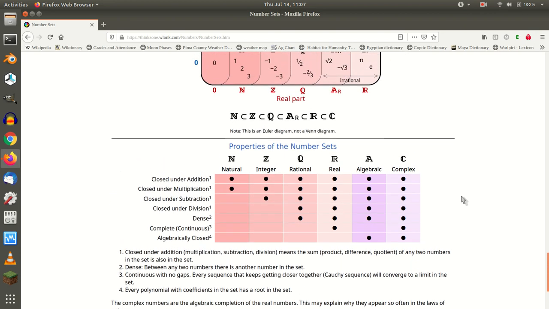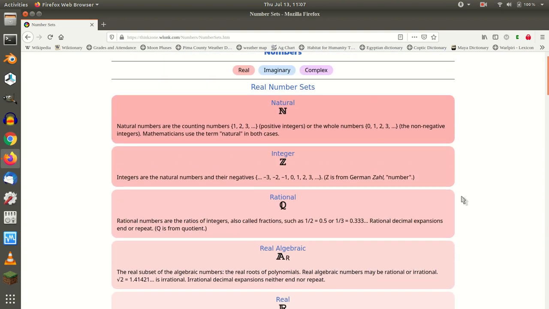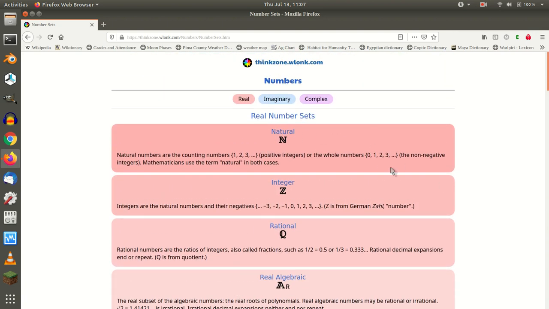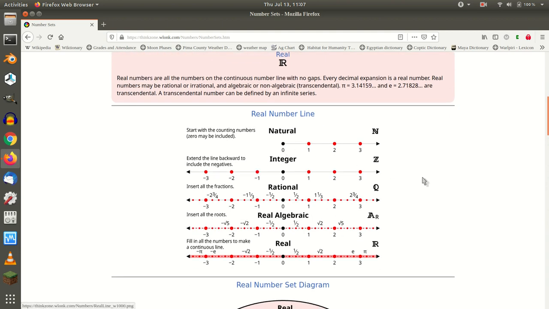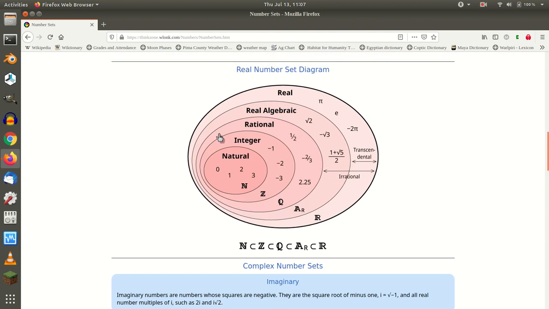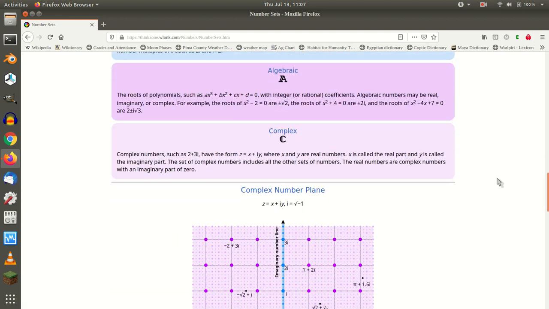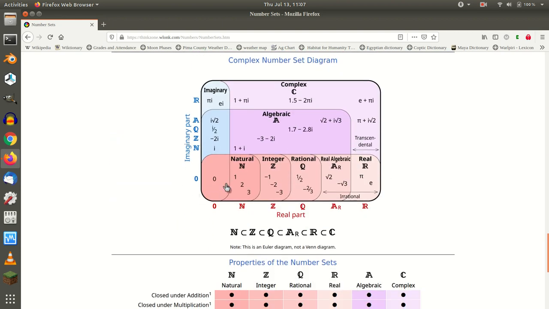What in the fuck? Is 0 natural or not? Sometimes, here, we're saying that it is. Here, we're saying that it is. Here, we're saying that it's not. Or are we saying that it is? Does it include, is it this whole thing?